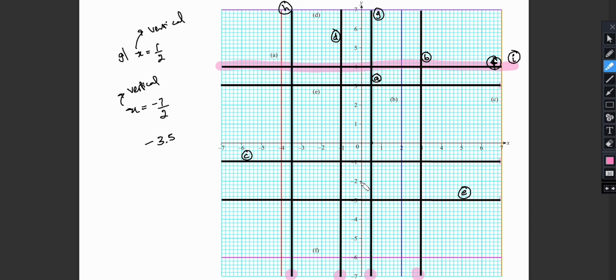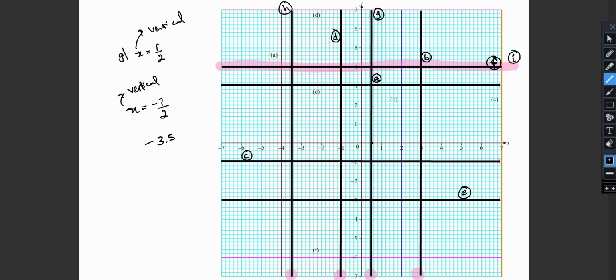Which one of them is at minus 2? This one is at minus 1. This one, minus 2 should be there. So we have to make our own line as it is not present.